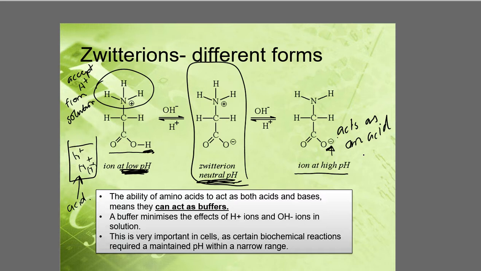The function of this in terms of the human body is actually quite vital, as amino acids behave as what we call buffers. What that means, really simply, because we're not getting into this too much, is that they have an ability to accept hydrogen ions or hydroxide ions and behave like an acid and base and minimize the effects of high concentrations of these, which, if in the human body you alter the pH out of an optimal range, you can get very sick very quickly.